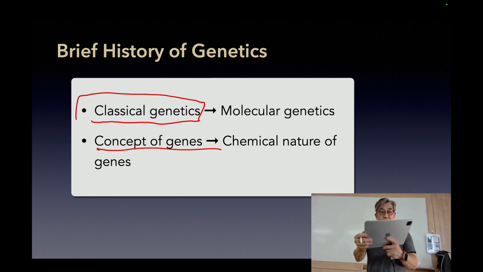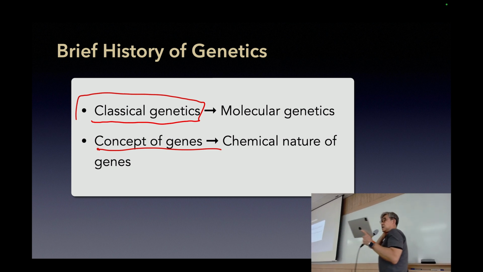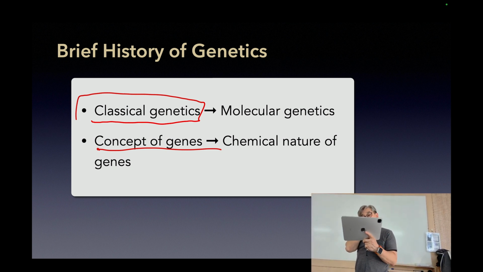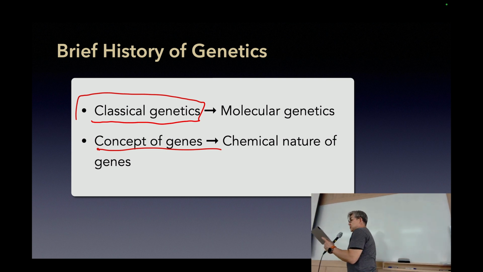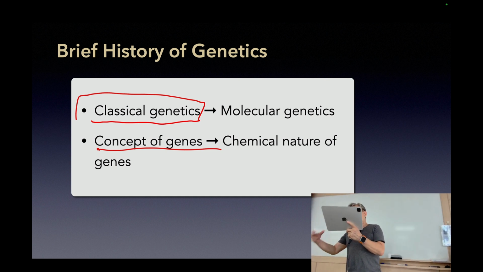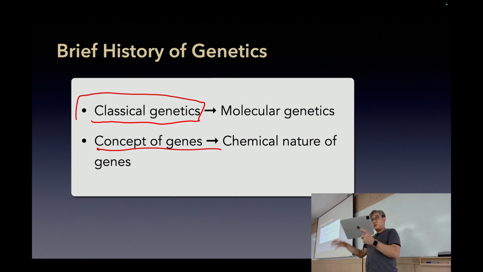Anyway, the Catholic priest Gregor Mendel, Father Mendel, was the founder of classical genetics. Another name for classical genetics is transmission genetics, because it explains heredity, the way genes are transmitted from one generation to the next.